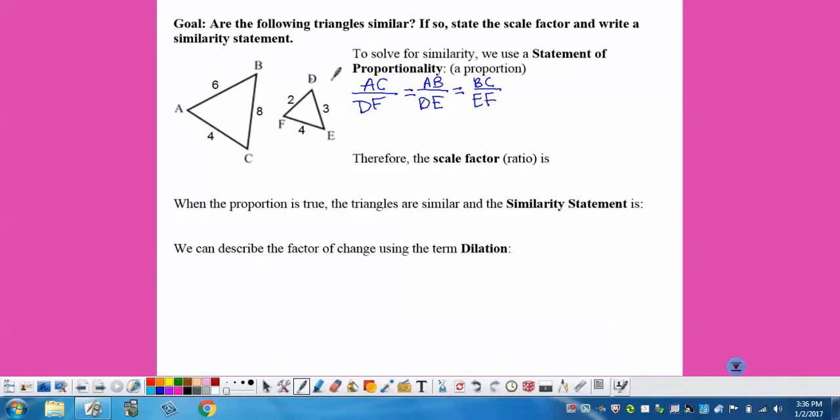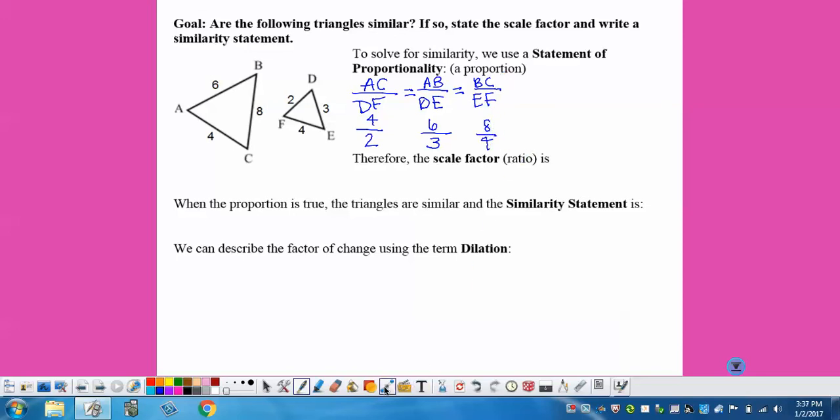So let's plug in the side lengths and see if they come out to be the same fraction. AC is 4 over DF, which is 2. AB is 6 over DE, which is 3. And BC is 8 over EF, which is 4.